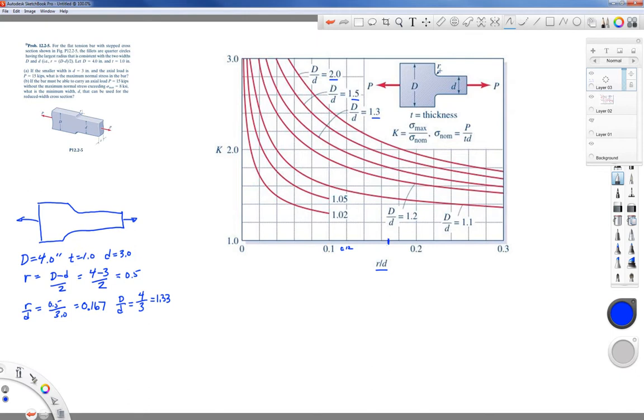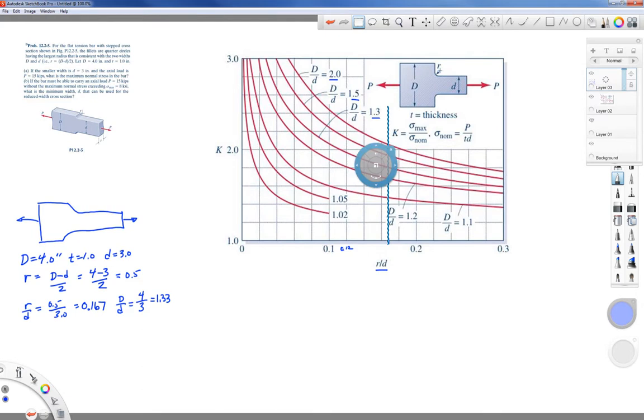So in order to get the right line, I'm going to drag a vertical line over. There we go. I'm going to move this over here to about my spot.